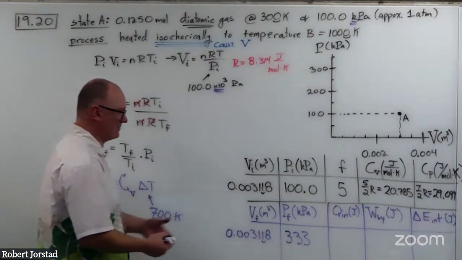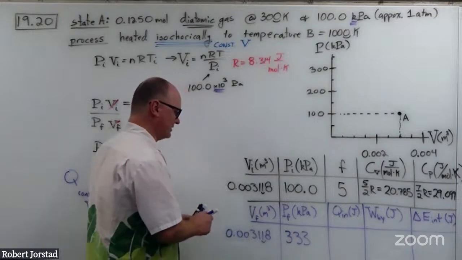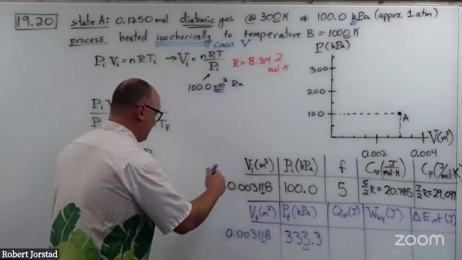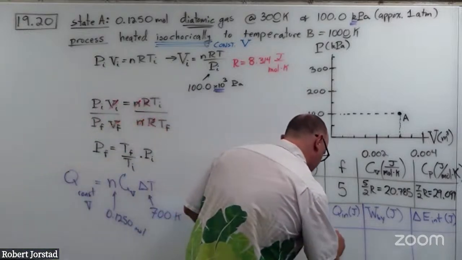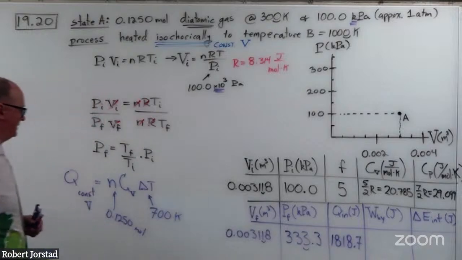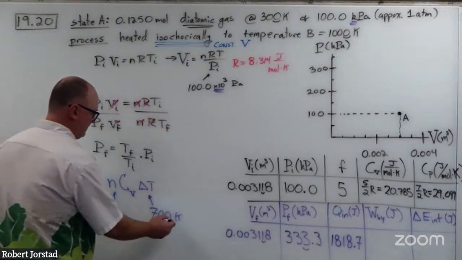I like to keep extra digits on here. You might notice I'm keeping a lot of extra digits laying around. I don't want to cause rounding errors too soon, so maybe I should keep this one in here and indicate the rounding. But anyways, I've got 18.7. All right, and so what are we thinking here? 4 digits, probably 3 digits, this one, right?